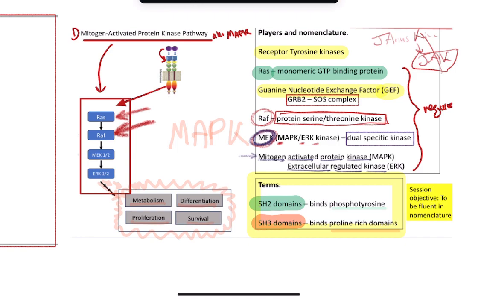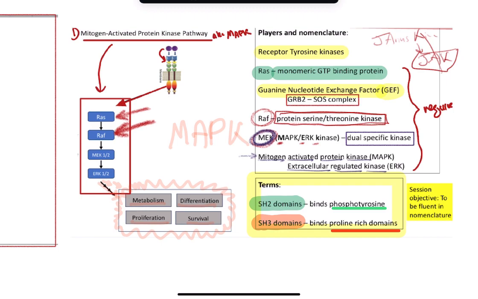But here, based on that Src prototype that we were talking about, we're going to have SH2 and SH3 domains. That SH2 domain is going to bind our phosphotyrosines. Important, keep that in mind. We're going to talk more about that as we move forward. And this SH3 domain is going to bind proline-rich moieties, proline-rich areas, domains, spots. Remember, a domain is a spot. It's a place.